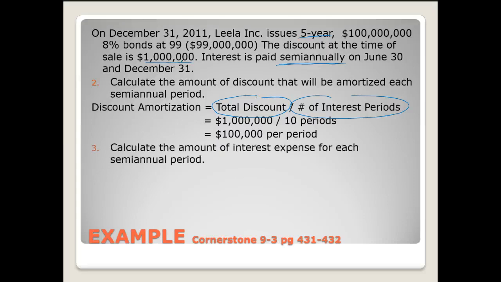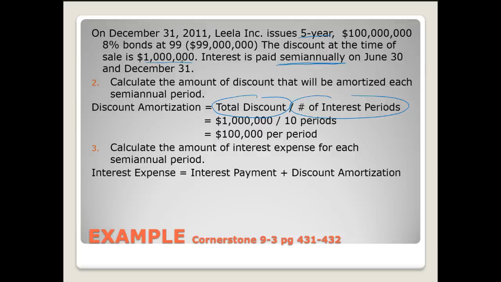So what will be the amount of the interest expense for each semi-annual period? Well, first we need to know what is the interest payment, and then we will take the interest payment for each interest period and we will add the discount amortization that we just found up here, which is $100,000 per period. How do we calculate the interest payment?